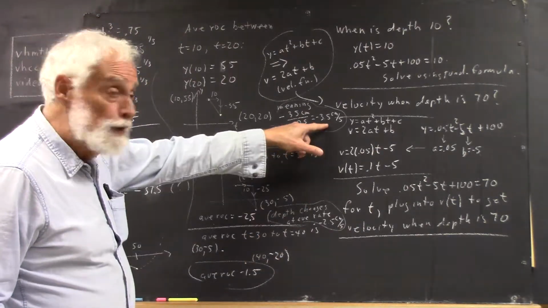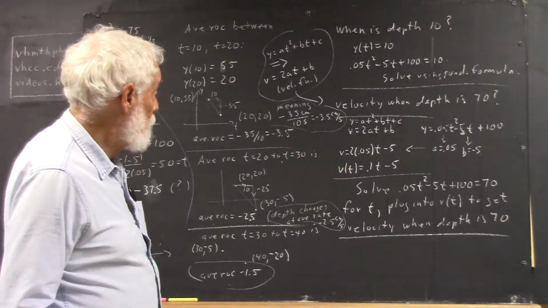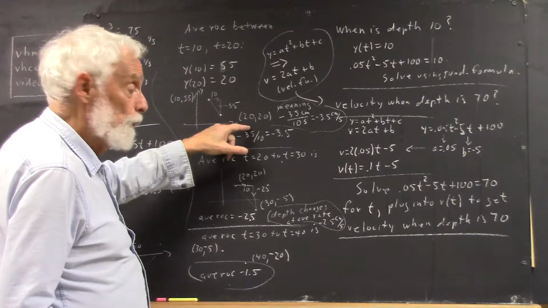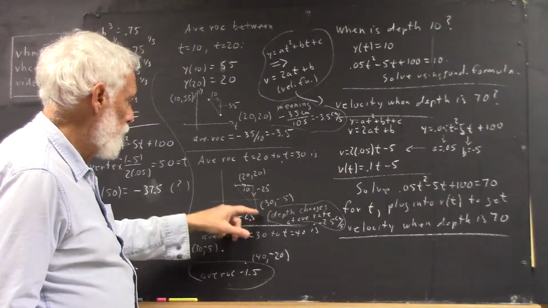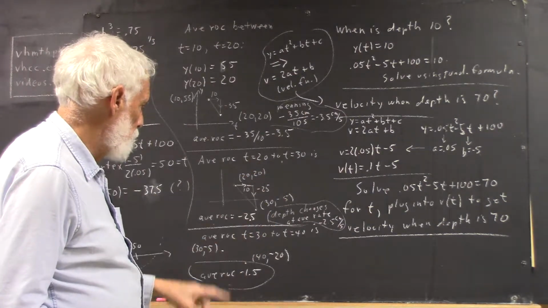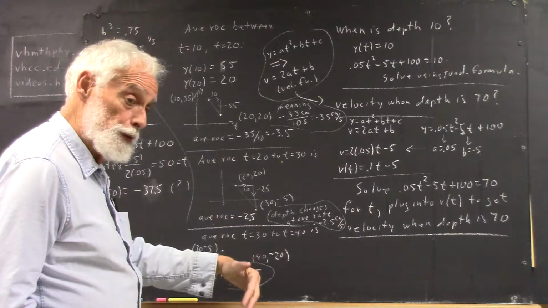This is the average velocity of the water surface as it descends between the 55 centimeter and 20 centimeter mark. This is the average velocity between the 20 and negative 5 centimeter mark, and this is the average velocity between negative 5 centimeters and negative 20 centimeters.